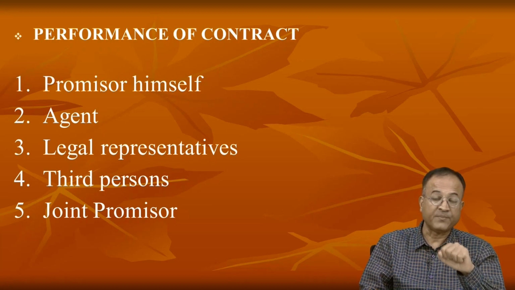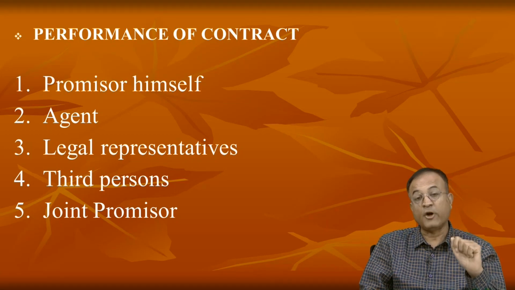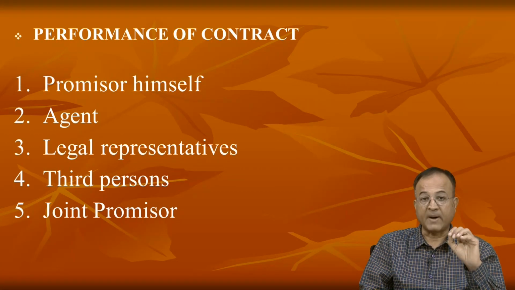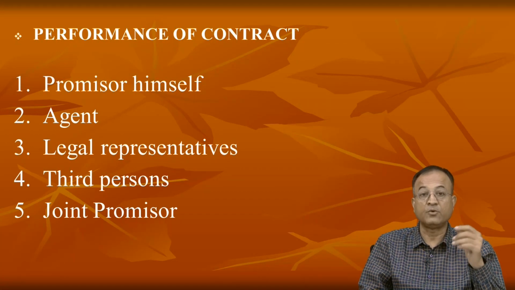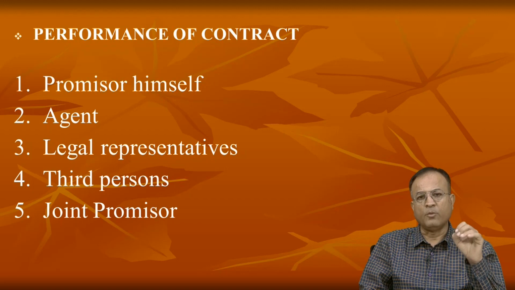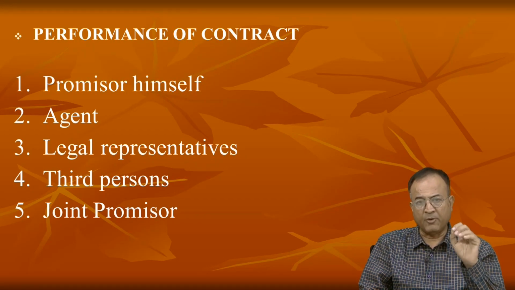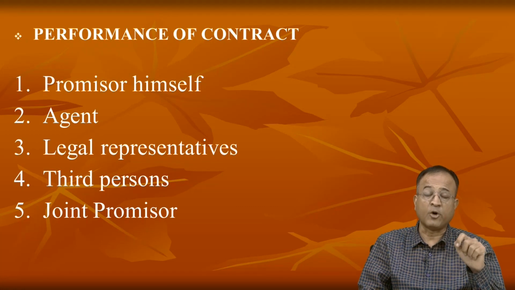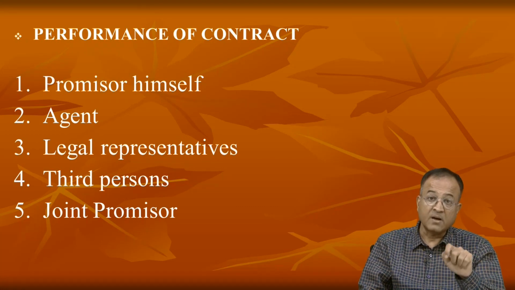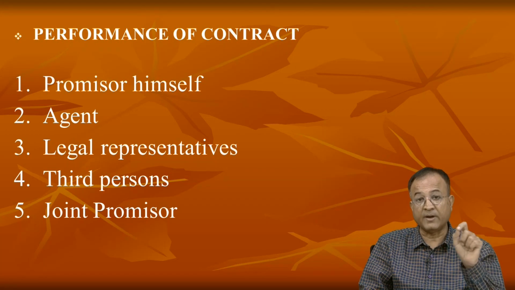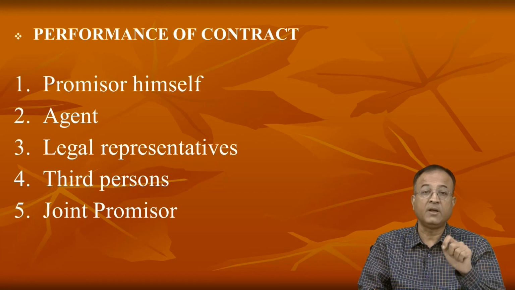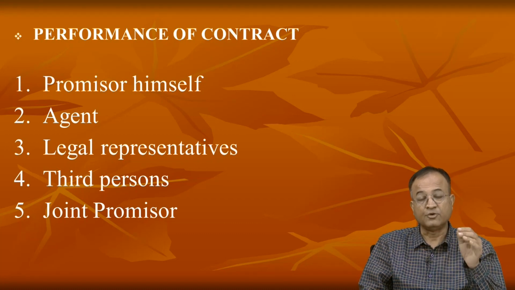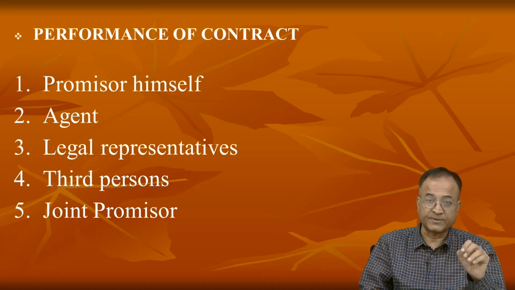Section 41. Now, joint promisor, last. Devolution means passing over from a person to another. When 2 or more persons have made a joint promise, they are known as joint promisors. Unless a contrary intention appears from the contract, all joint promisors must jointly fulfill the promise.